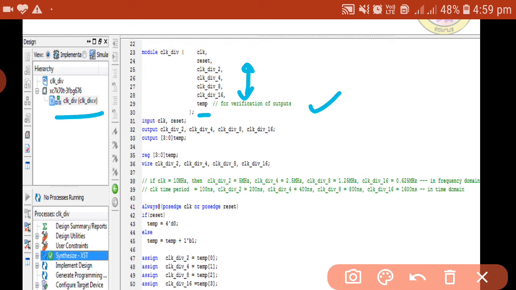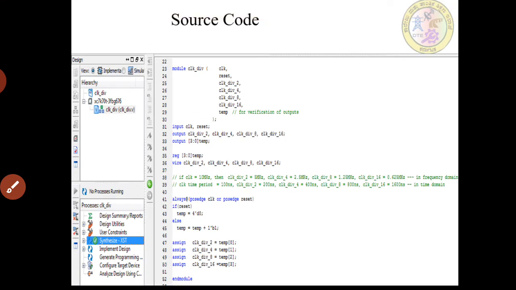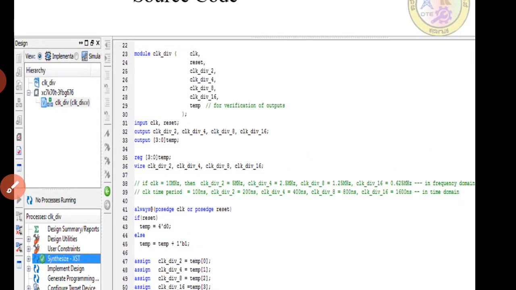This is the declaration part with the data types you have declared, and these are the 2 lines of comments you have written for the clock division by 8 and 16, with the frequency and the time period. Here is the code for the counter and the code for the clock division, so this is the source code for the counter and the clock division.